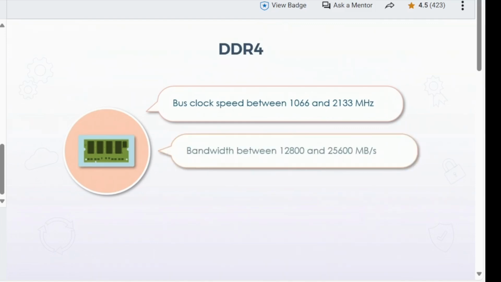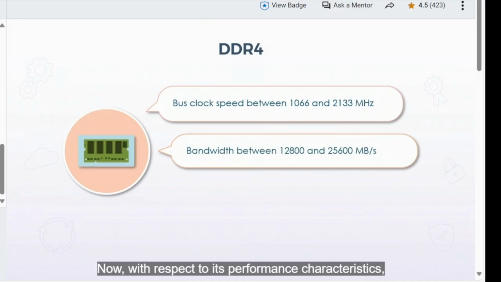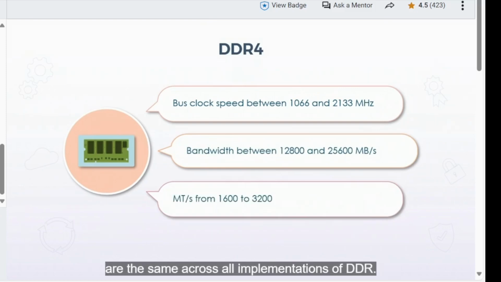Its overall bandwidth ranges from 12,800 to 25,600 megabytes per second, and it has an MTS, or million transfers per second, range of 1600 to 3200, which, like DDR3, is often expressed in the name. So a DDR4 3200 chip refers to the MTS value.